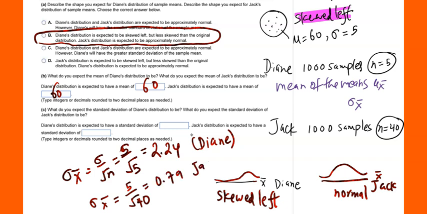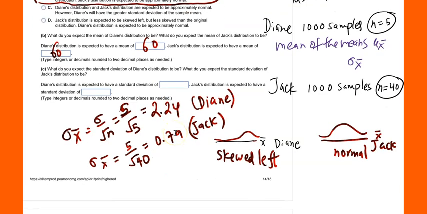That's Jack's standard deviation. Therefore you put 2.24 for Diane's standard deviation, and 0.79 for Jack's standard deviation. That's the answer.